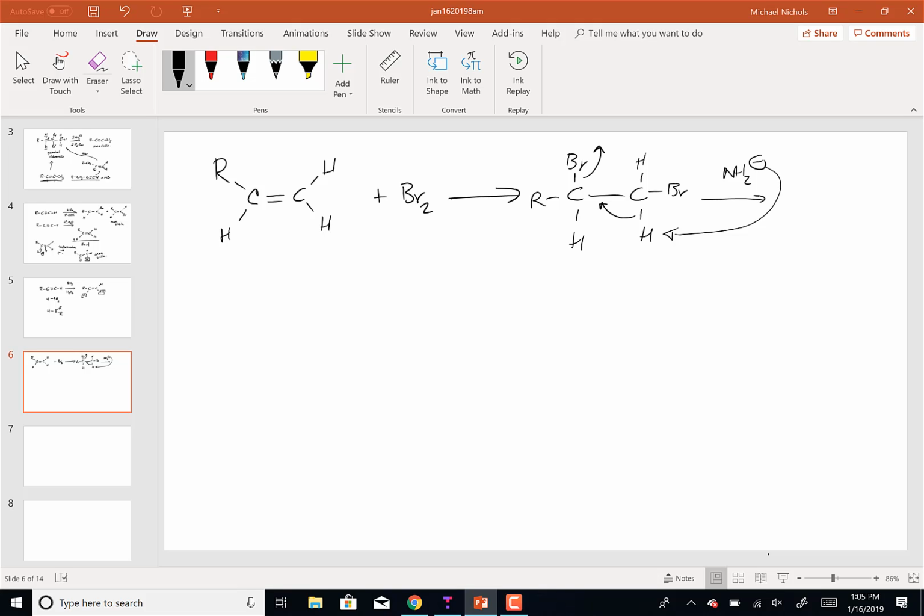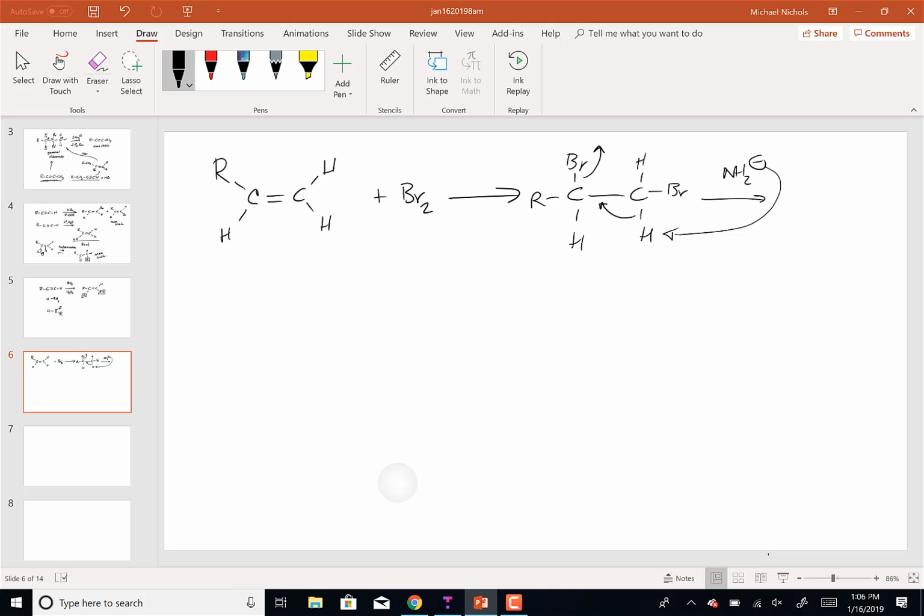For this part to work, I have to have this hydrogen and that bromine trans. And that's the problem. If I had shown it originally this way, you would have said, but you didn't write the bromines trans. I did, and then I rotated, by erasing, to make this hydrogen and that bromine trans for this step.